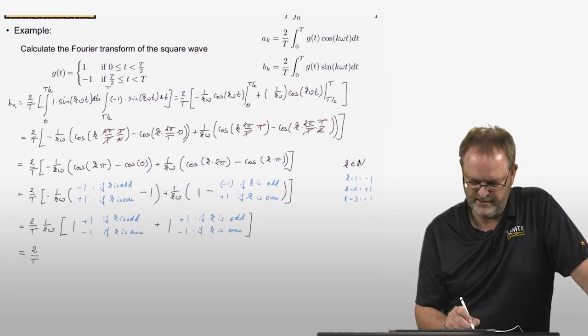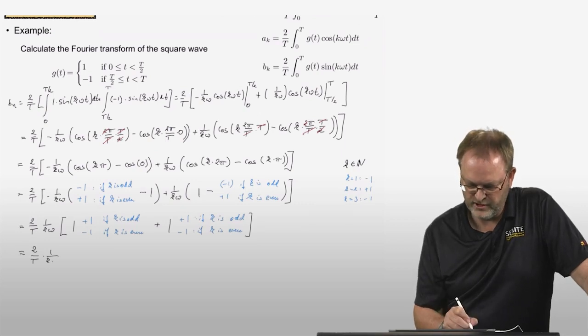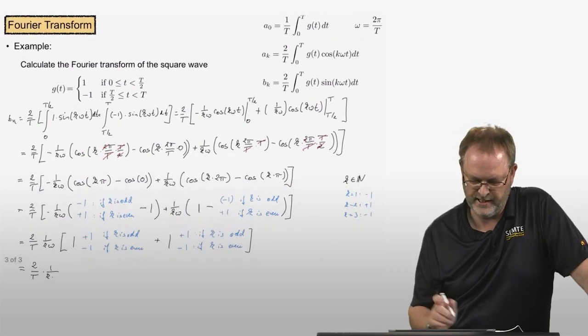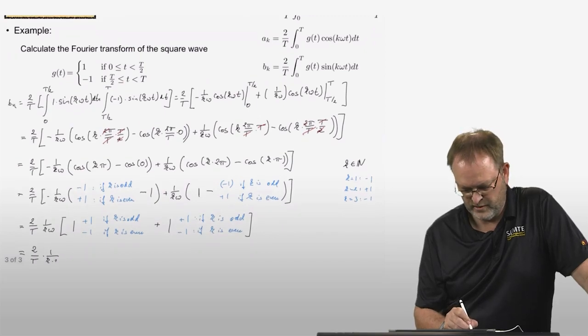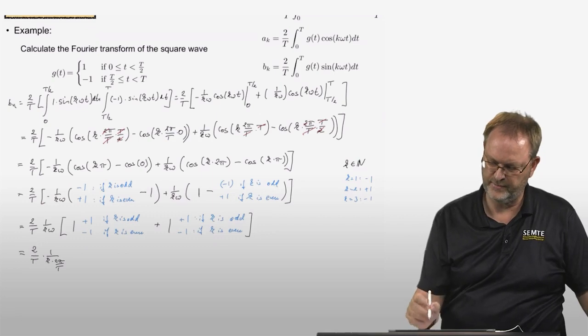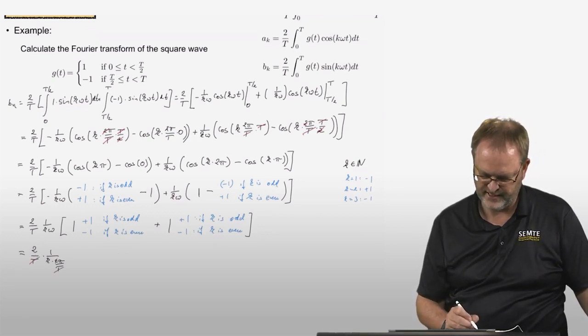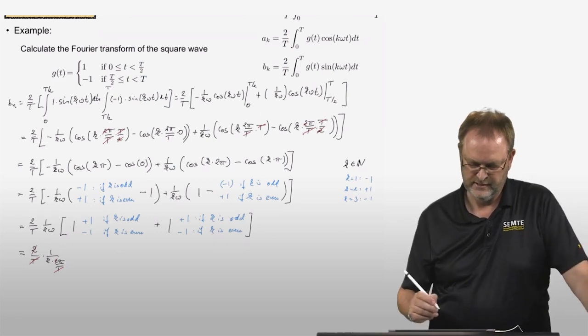So 2 over t times 1 over k times omega, and omega was 2 pi divided by t. So let's see what happens here. So this t cancels against that t, this 2 cancels against that 2.